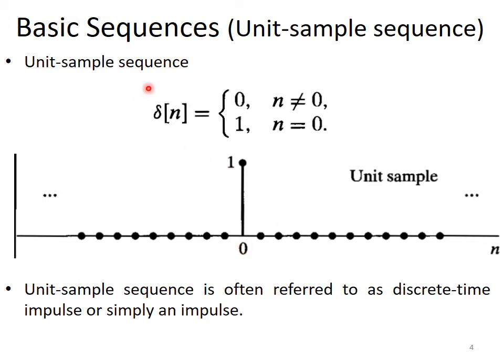So it is represented by delta of n, and it is equal to 0 when n is not equal to 0, and it is equal to 1 when n is equal to 0. The unit sample sequence is often referred to as the discrete time impulse, or only as an impulse, but most of the time we call it the unit sample sequence.